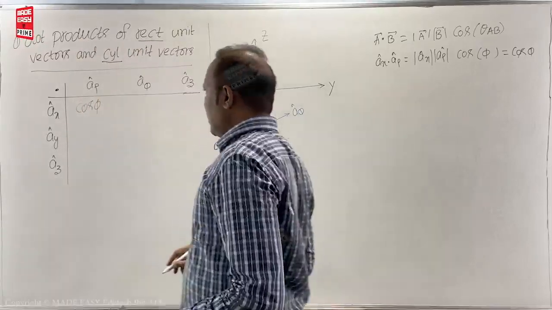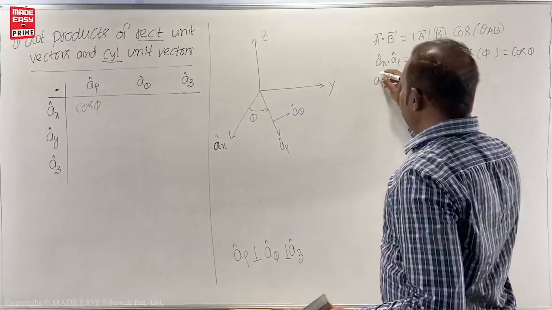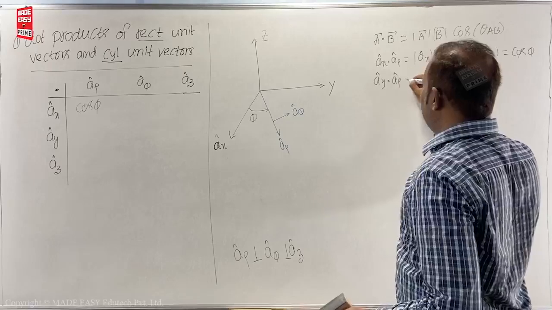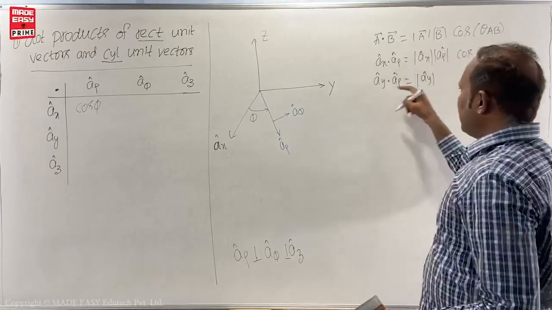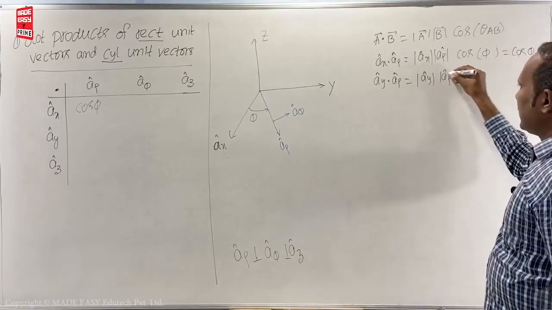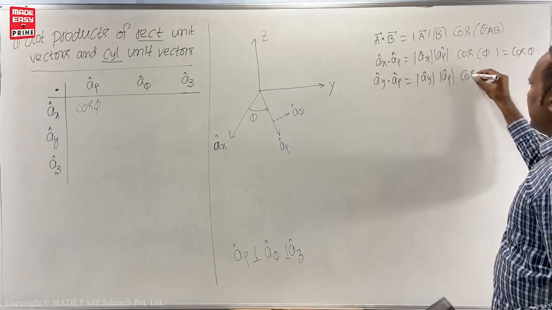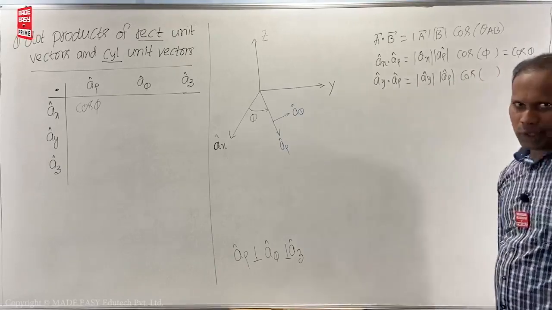Now what is the second one? ay dot a rho: modulus of the first vector, modulus of the second vector, then cos of the angle between the y-axis and the rho axis.